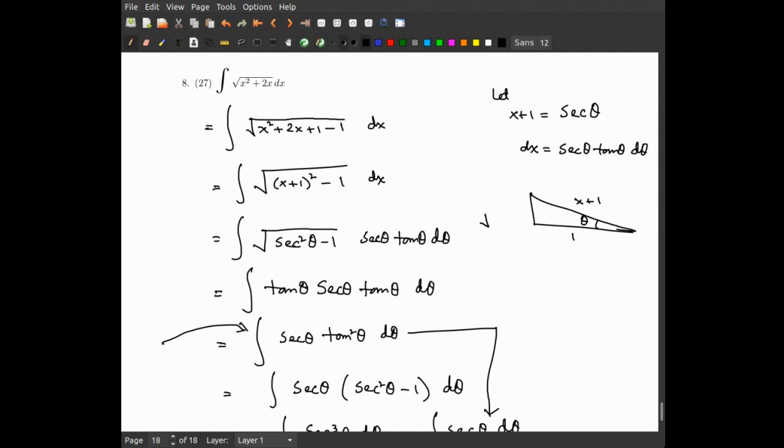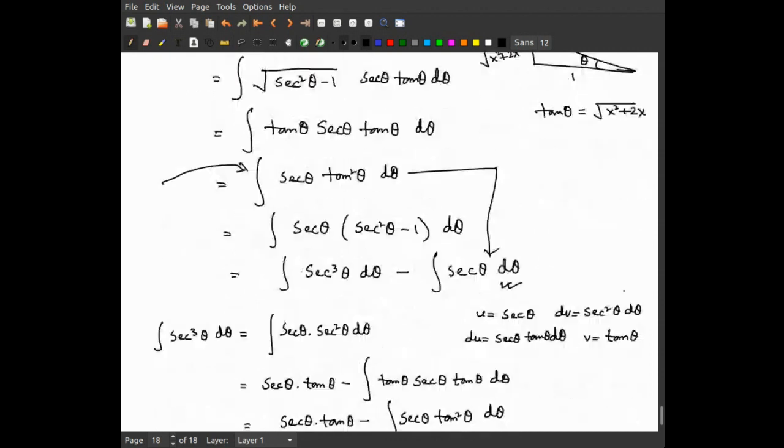So that means this would be the square root of x squared plus 2x. So from that one, what would be our tan theta? Tan theta is opposite by adjacent, so the square root of x squared plus 2x will be our tan theta.